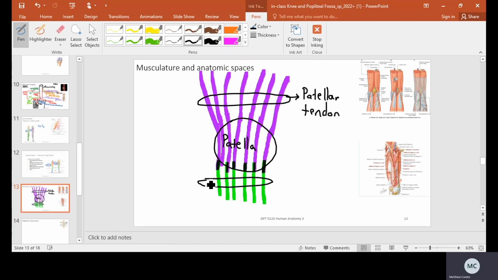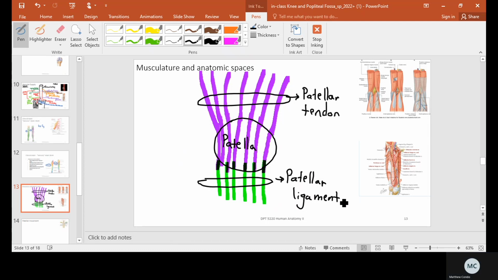This whole group of little green lines is the patellar ligament. Even though it is the same exact structure, right? So patellar tendon is obviously the conglomeration or confluence of the 4 quadriceps muscles. It envelops the patella and then rides on down to the tibial tuberosity.